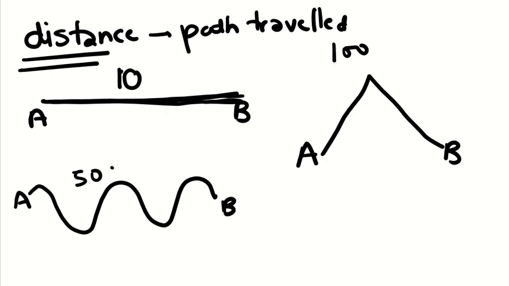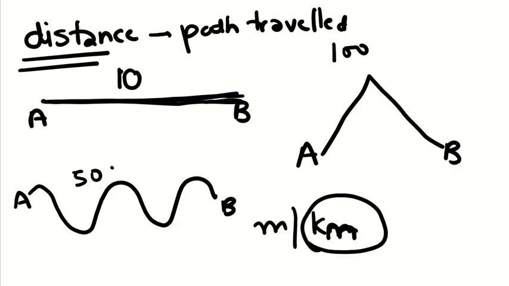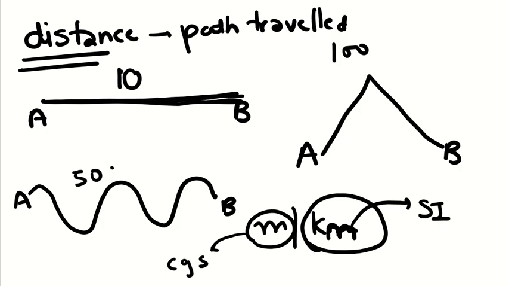Now, first of all, we need to talk about the units. The units to describe distance are either meter or kilometer. There are several other units too, but here I'm talking about two important units. First is kilometer, which is the SI unit used to describe distance, and then it is meter. Meter is the CGS unit used to describe distance.